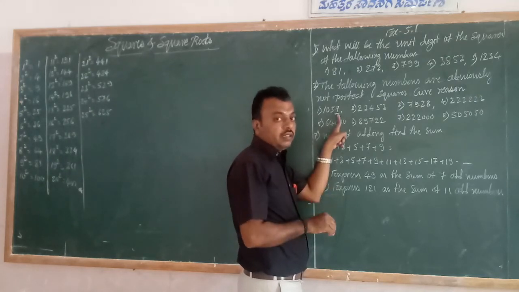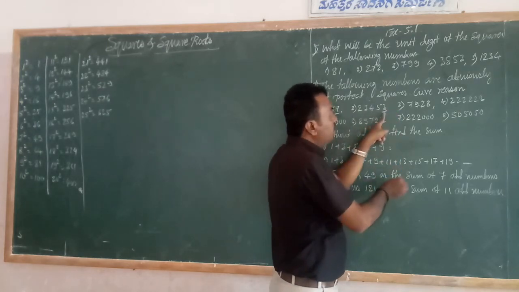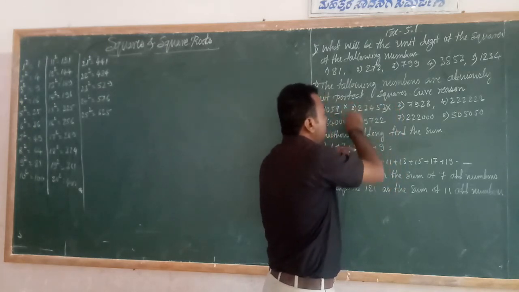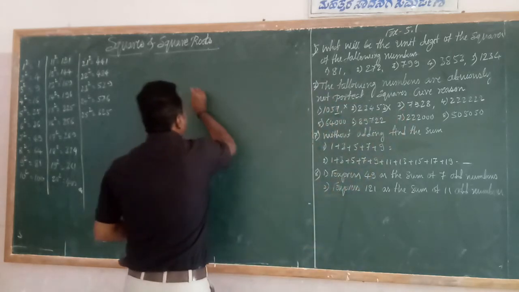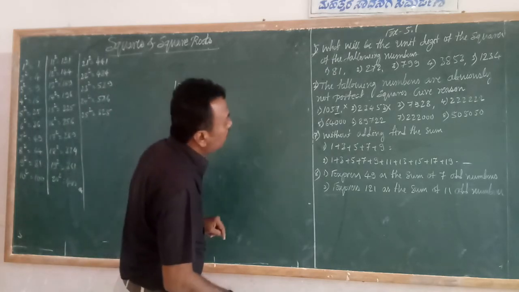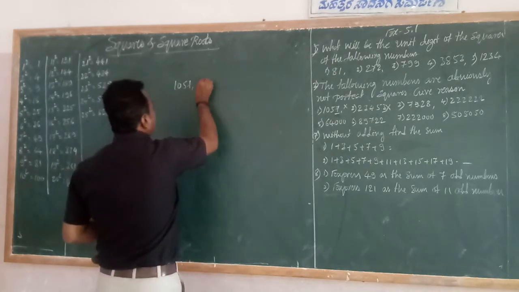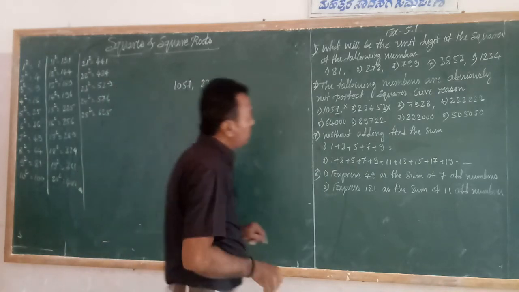That's why. And then come to the second one. The second one is also not a perfect square number. And come to the third one. So 1057 is not a perfect square number, and the second one, 23453, is also not a perfect square number.